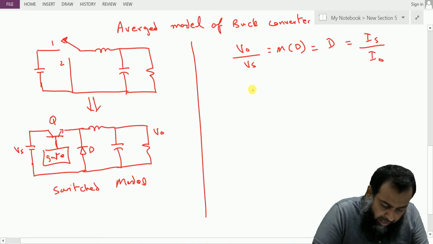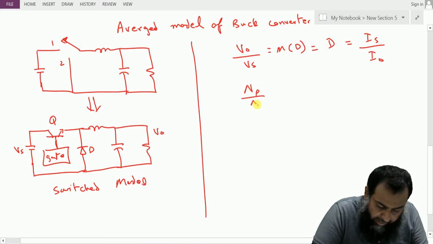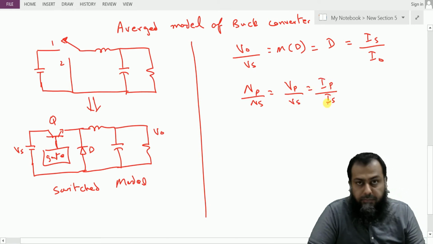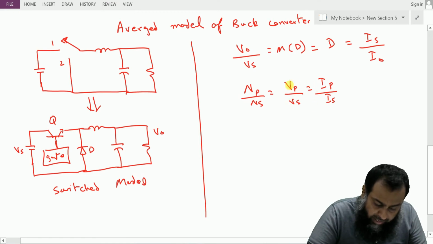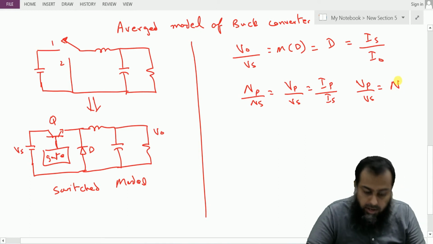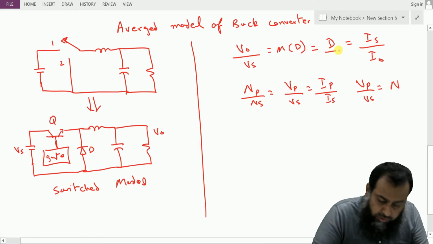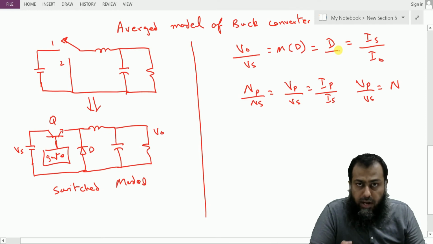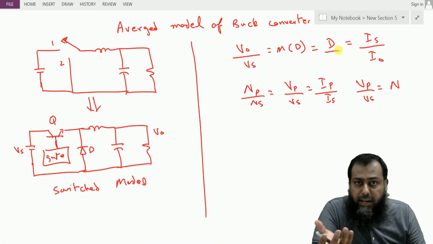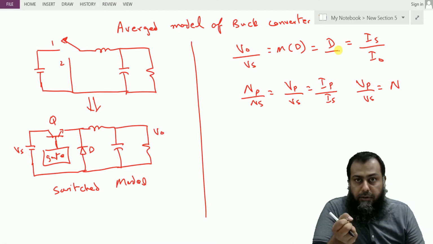So in a transformer we have Np over Ns is equal to Vp over Vs is equal to Ip over Is. So this Vp over Vs is based on the turn ratio N. Here it is equal to the turn ratio D. So what I mean to say is that this is quite similar to that concept of a transformer.